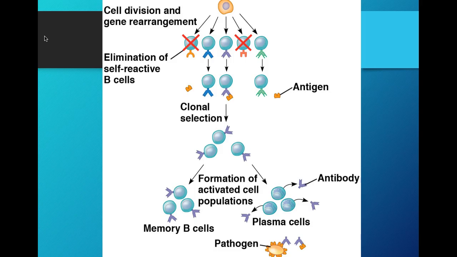The B cell is triggered and plasma cells are able to be formed and make antibodies, and those antibodies are going to bind to the antigens on the pathogen. So this is a simple way of looking at how B cells are made and how that comes into play with pathogens.